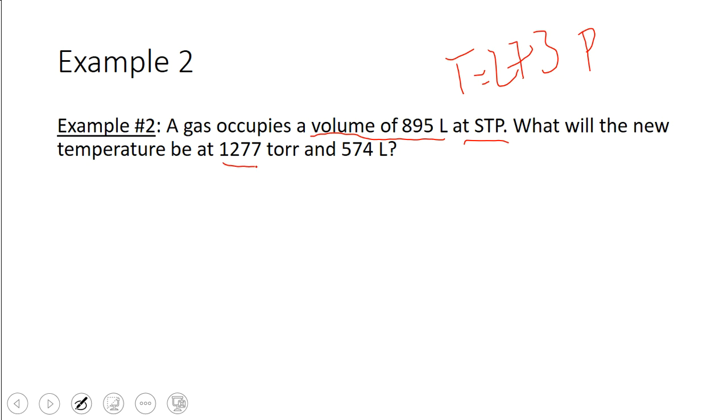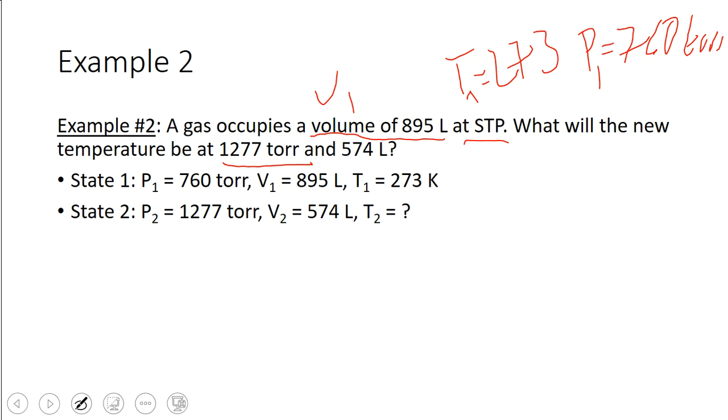Since this next pressure is in torr, it might be a nice idea to use the 760 torr as your P1 and your T1 is 273. And this would be your V1. And then your P2 now is that 1277 torr, and your T2 is what we're looking for, and your V2 is 574 liters.